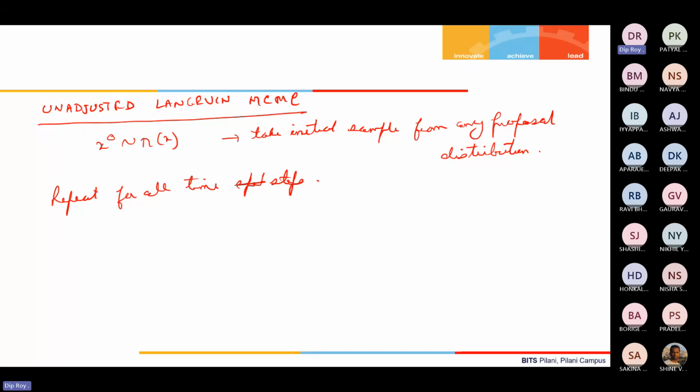This X0 is just to start the Langevin dynamics, or Langevin sampling. So this is step 1, this is step 2, this is 2A. 2A is going to be to sample noise from a Gaussian.